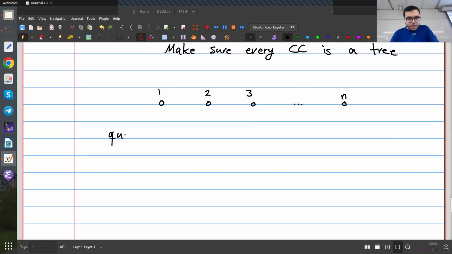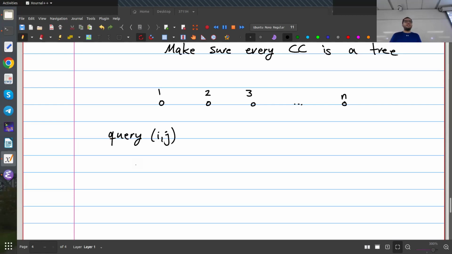I have query. When I do query ij, I'm basically asking are i and j in the same tree? So I can start from vertex i and I can keep walking up my tree until I get to the root. And then I can do the same thing from vertex j. And then I can ask, did I reach the same root or did I reach two different roots?